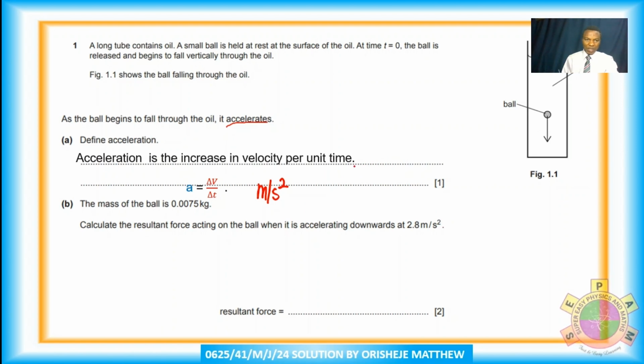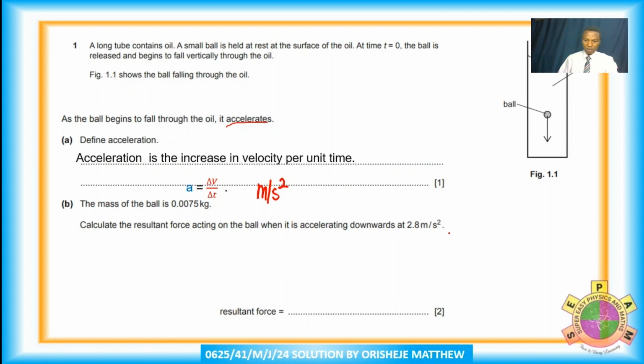All right. Question 1b. The mass of the ball is 0.0075 kilogram. Calculate the resultant force acting on the ball when it's accelerating downward at 2.8 meter per second square. So we want to calculate the force acting on the ball.